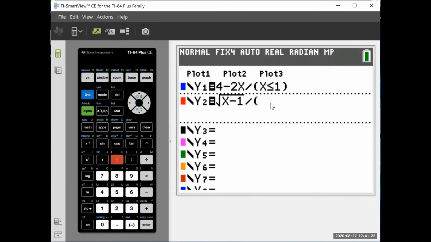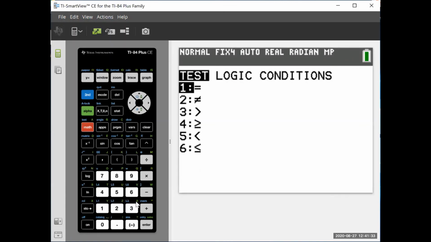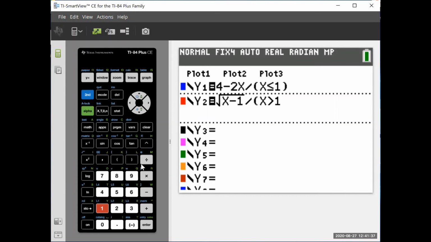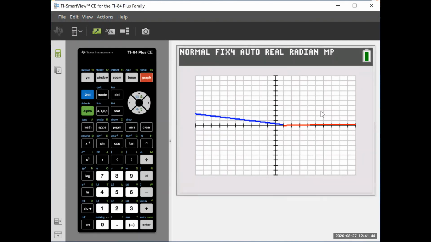Our condition is x greater than 1. Type x, then to get greater than, type second and then math. Greater than is number 3. Greater than 1, and close the parenthesis. After that, hit graph. And that is the graph of your piecewise function.